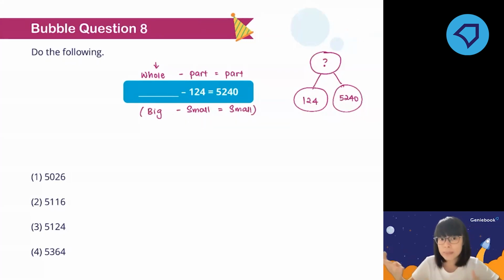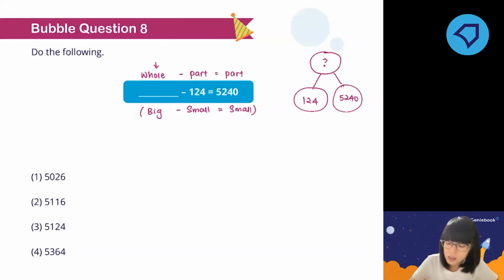So with this in mind, we know that this number has to be bigger than this number and this number. So in order for me to find a big number, do you need to do addition or subtraction? You want a big number. If you do subtraction, will you be able to get a bigger number? Or when you do addition, are you able to get a bigger number?